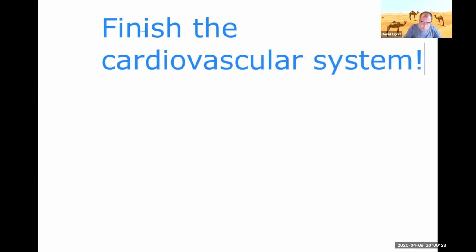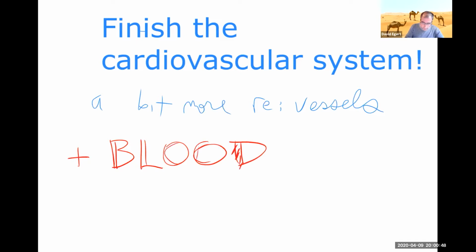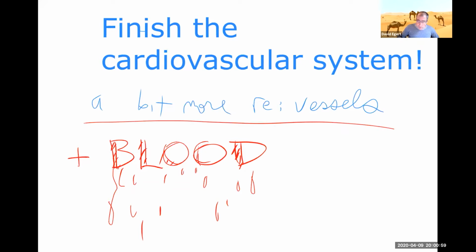We have to do a little bit more about blood vessels, and then we also need to get into doing the blood. So let's start with the vessels, then we'll get to the blood.